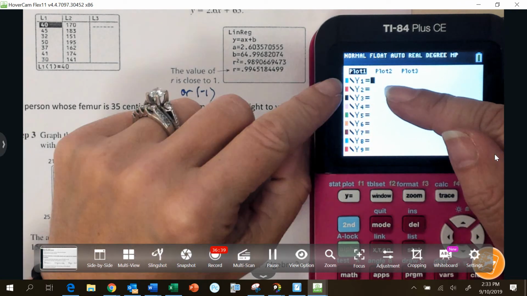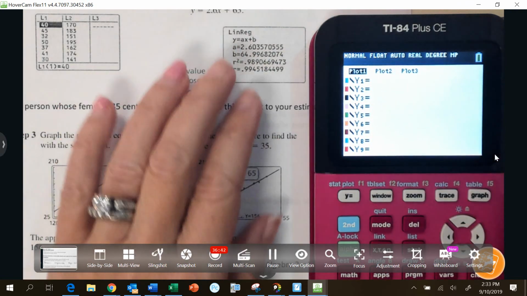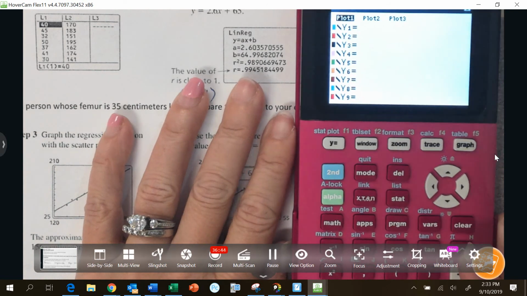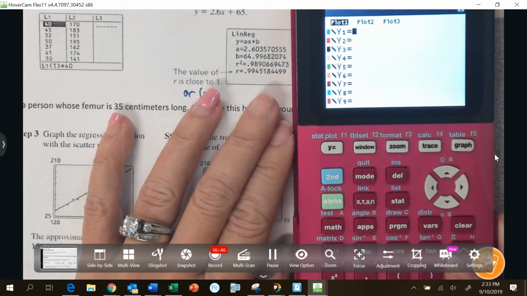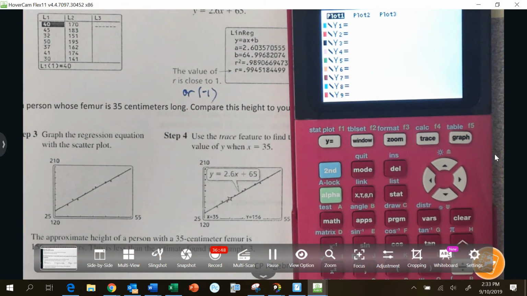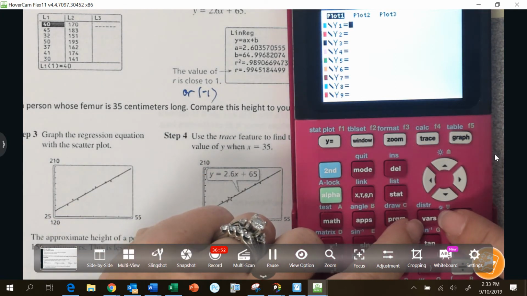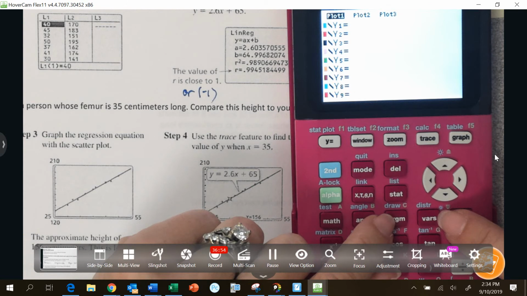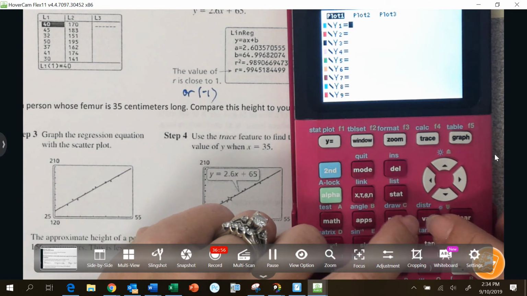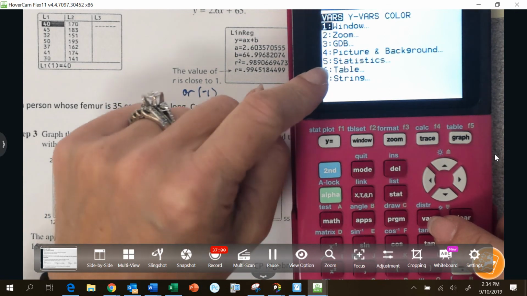To copy and paste it is weird. So you either write it down, or you go back and watch this video, or maybe magically remember it. I've had to look it up in the past. VARS is the button next to clear. You go to VARS first, and then we choose 5, which is statistics.